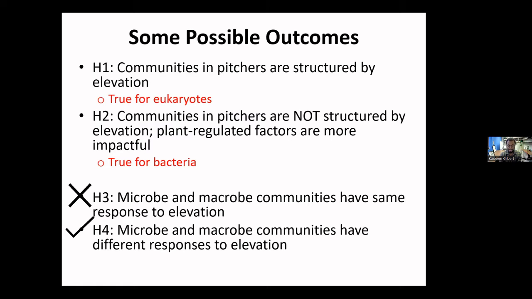So for this other set of hypotheses, yes, we're seeing different responses between microbes and macrobes, but it's even more nuanced than I anticipated, where we're really just seeing a difference between bacteria and everything else. And very surprisingly, algae and fungi operate more like insects in response to large-scale elevational gradients in comparison to the bacteria.